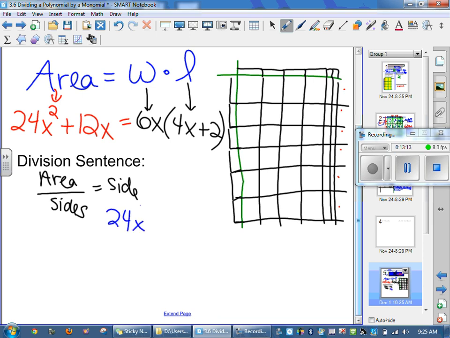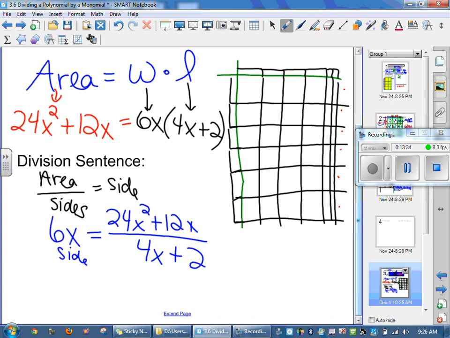And which side would you like to put underneath it first? The top one? Okay, 4x plus 2. If I did that, what would be the answer? 6x, good. There's my answer. So I've got a side here, and I've got area on top. Is there another way I could write that? Yes.